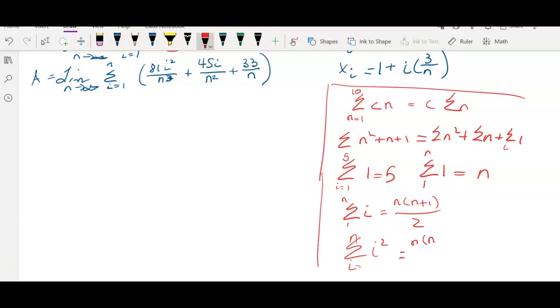It's n times n plus 1 times 2n plus 1, over 6. This one I always have to look up because I always forget. Going to Calc 2, you'd need to know these. There are cool proofs for that, but we don't have time to do that.